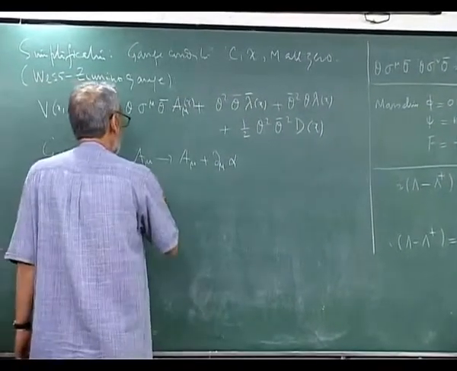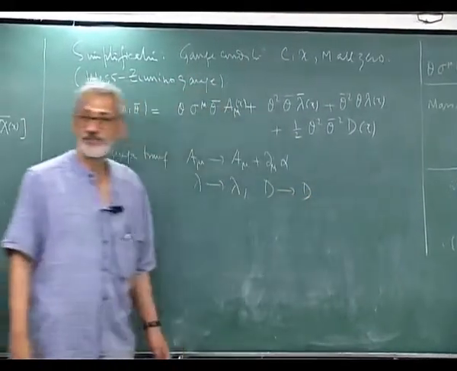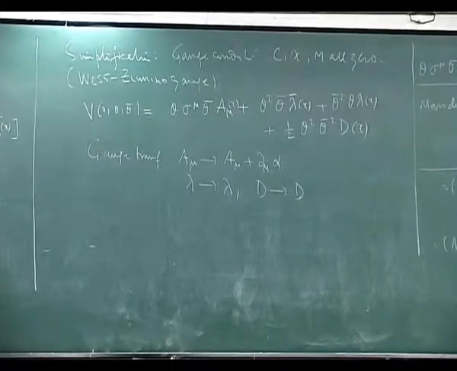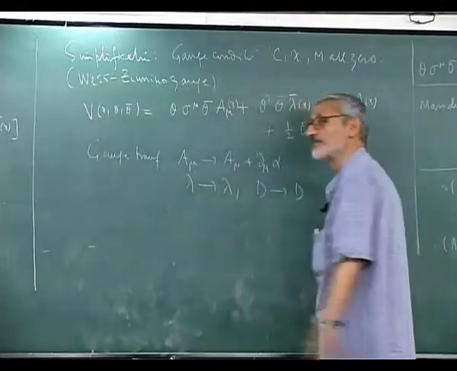So lambda is lambda and d is d. D is real and lambda is Majorana, which means both lambda and d have no charge.